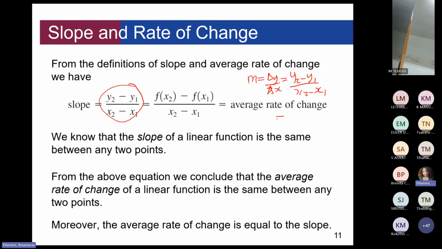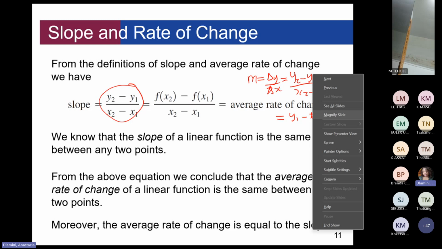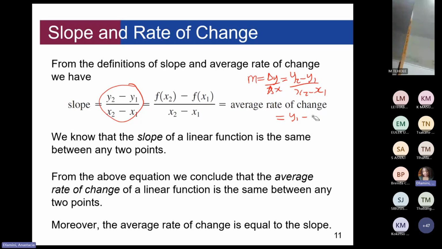Now, you can also write it as y1 minus y2 over x1 minus x2. Meaning that on top, if you started with y2, you need to start with x2 at the bottom. And if you ended with y1, you need to end with x1. Same here. If you started with y1, then this has to be x1. Are we all together? Yes. So you can write it like this, or you can write it like that.